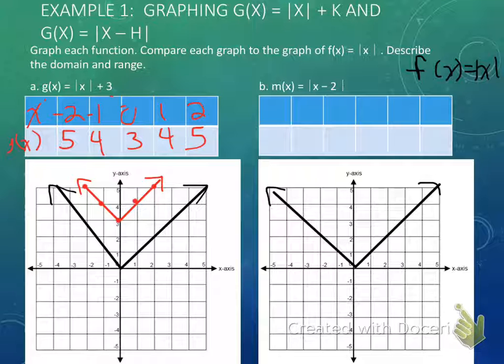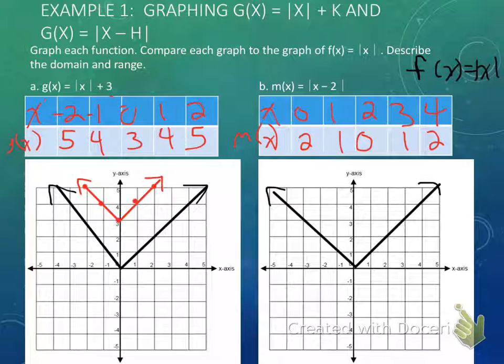So now I'm going to do the same thing over here for b. Now, instead of having it added outside the absolute value, I'm subtracting it from inside the absolute value. So I'm going to use some values again, plug those in, and find out what I end up with. So we're going to plot those points.